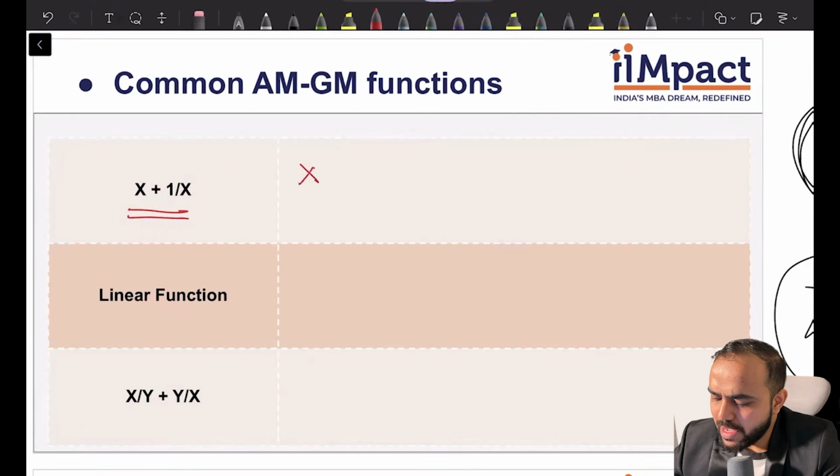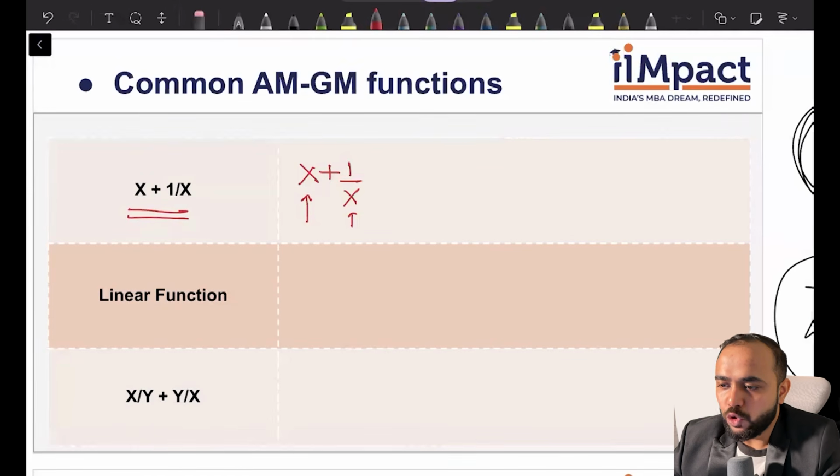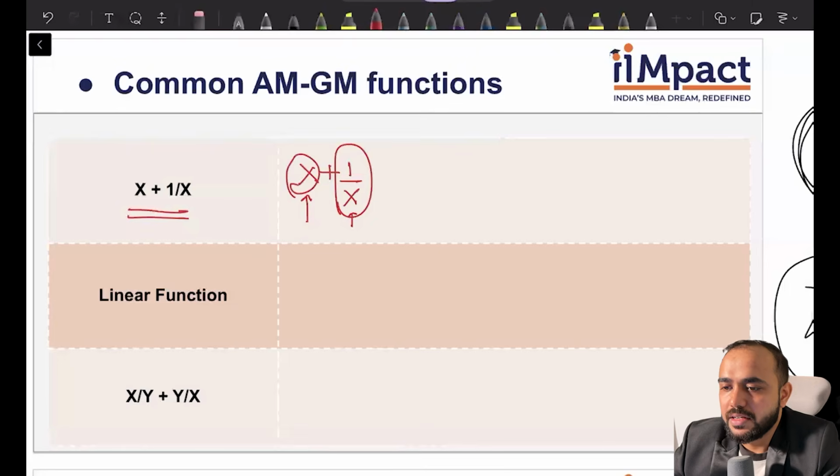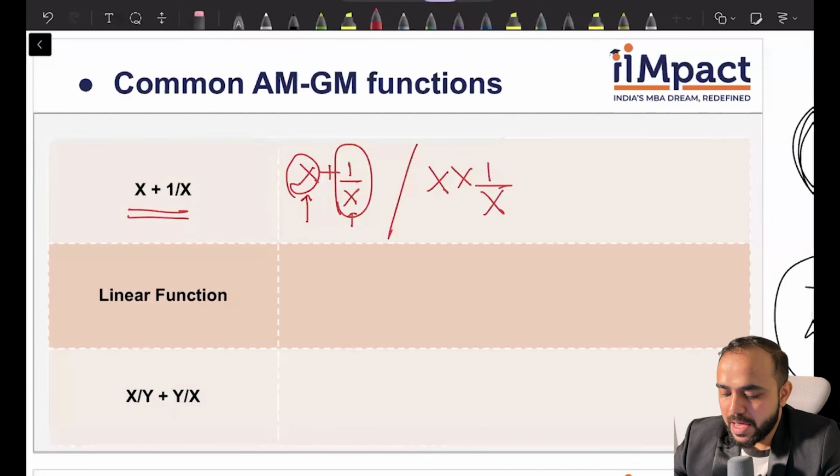So the reason why this is a fun AM-GM function is, see, if x is positive, then 1 by x is positive. If x is negative, then 1 by x is negative. So the constraint that I would have for applying AM-GM, that is not really an issue for me here. Both of these values, x and 1 by x, are of the same sign. Secondly, the product of these two numbers, x into 1 by x, is a fixed number.